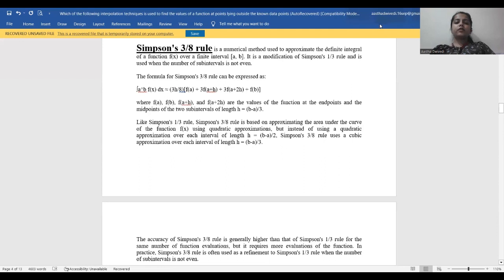Like Simpson's one-third rule, Simpson's 3 by 8 rule is based on approximating the area under the curve of a function f of x using quadratic approximation, but instead of using quadratic approximation over each interval of length h equal to b minus a by 2, Simpson's 3 by 8 rule uses a cubic approximation over each interval of length h equal to b minus a by 3.